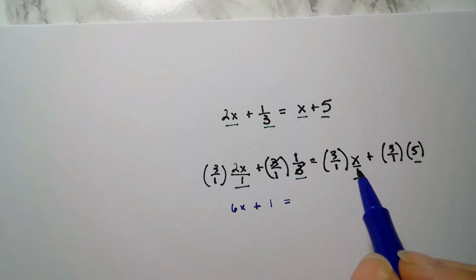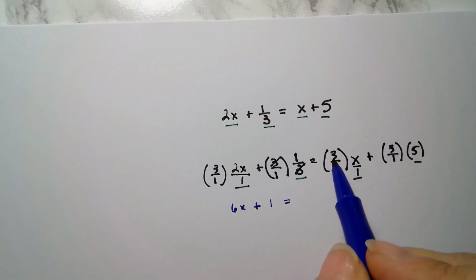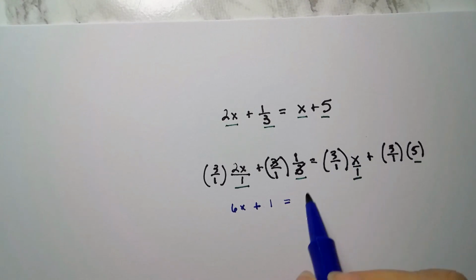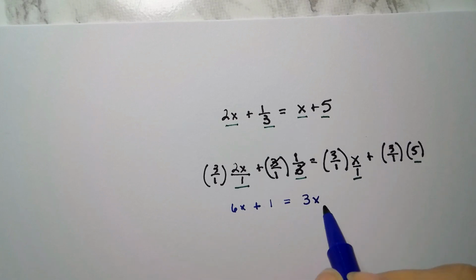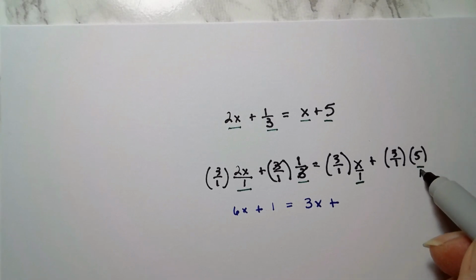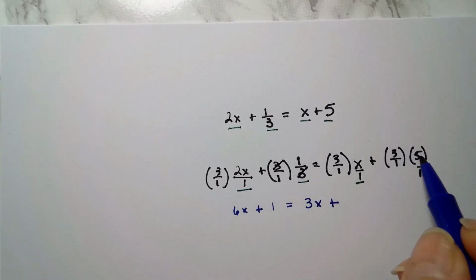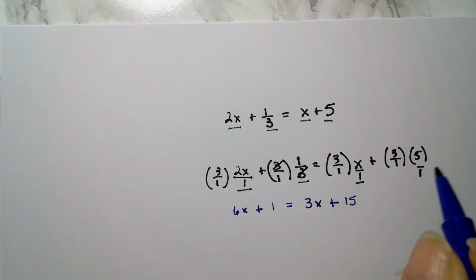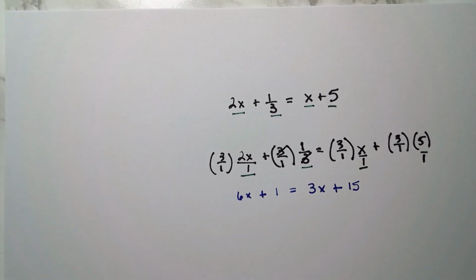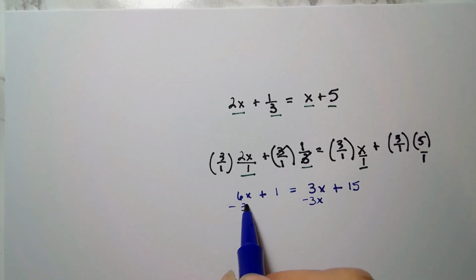Over here, again, there's nothing to cross cancel, so I just have 3 times x is 3x. Bring down the plus. And here, this is 5, or 5/1. There's nothing to cancel, so 5 times 3 is 15. Now we have a simple equation that we can solve for x. We could subtract 3x from both sides.